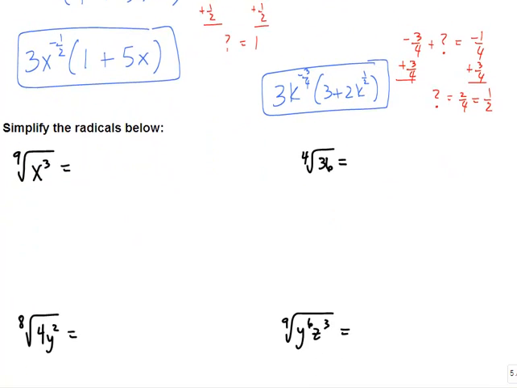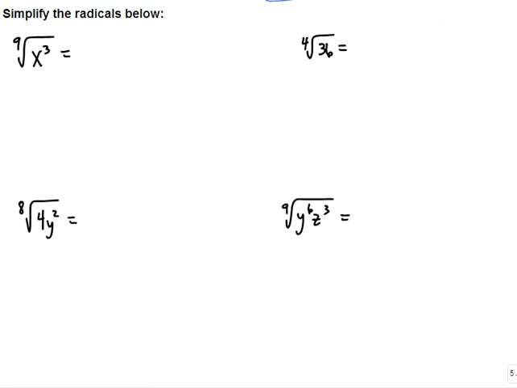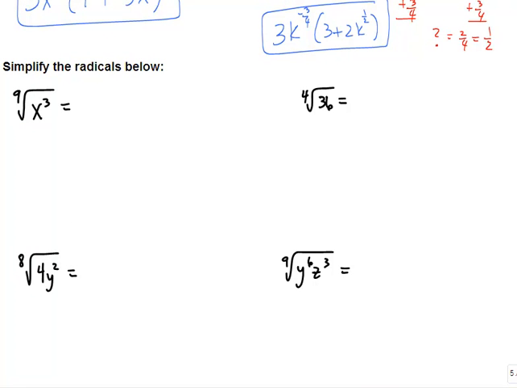Okay, in the next few examples, we want to simplify these radicals. And the trick to these is like something we did earlier, where to simplify these, it's sometimes easier to convert your radical into a rational exponent first so that you can reduce that fraction and then turn it back into a radical. So here we're going to convert to rational exponents, which are those fractions.